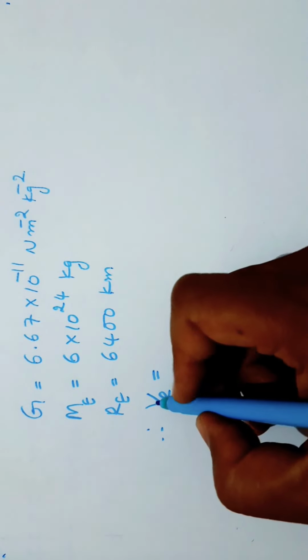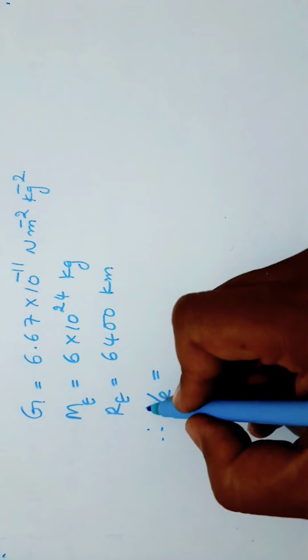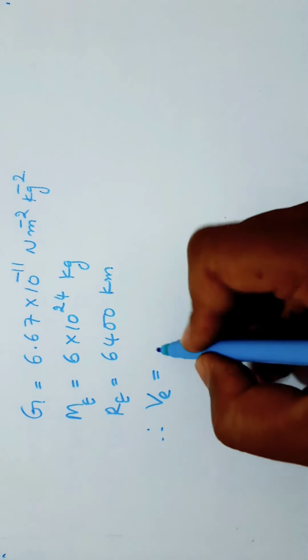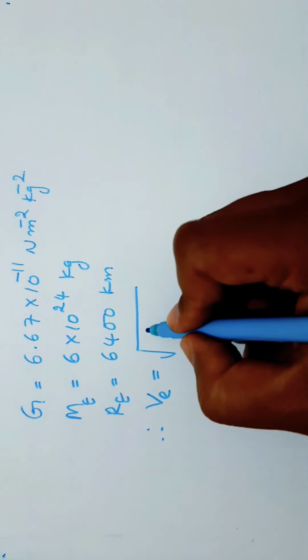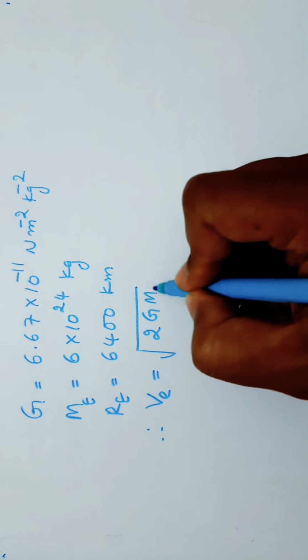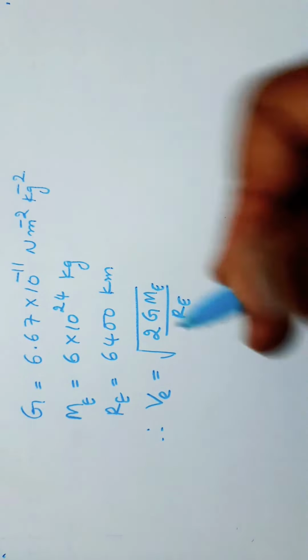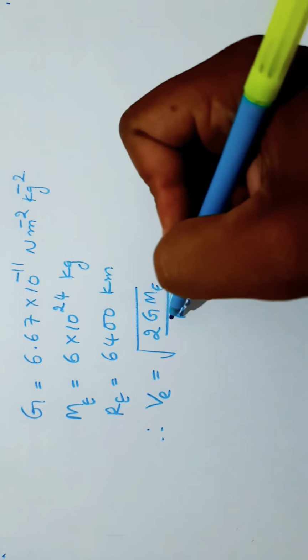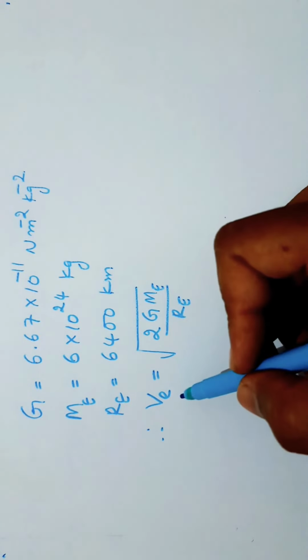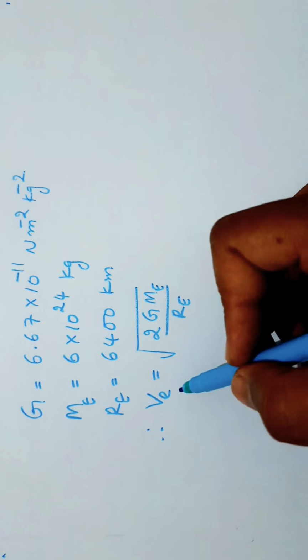We have a formula for escape velocity, that is V is equal to square root of 2GMe by Re. So if we substitute these values in this equation, we can get escape velocity of the body from the earth's surface.